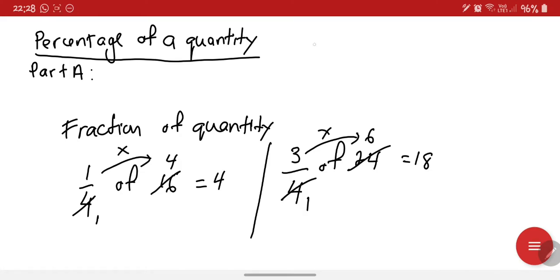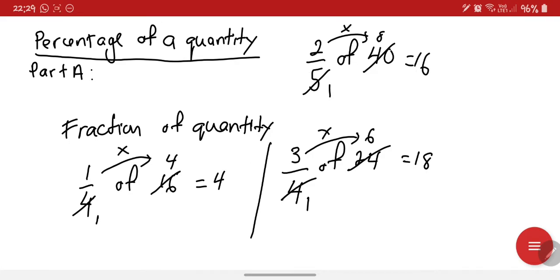Let's say I have 2/5 of 40. 40 divided by 5: 5 divided by 5 is 1, 40 divided by 5 is 8. So you multiply the numerator, 2 times 8 is 16. I hope you still remember this working.